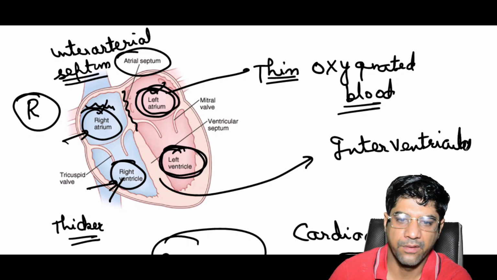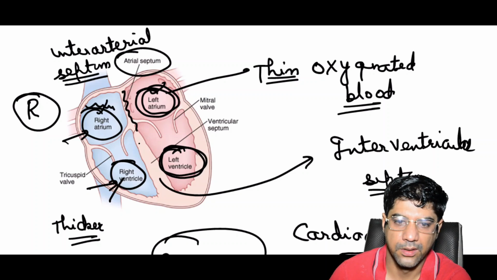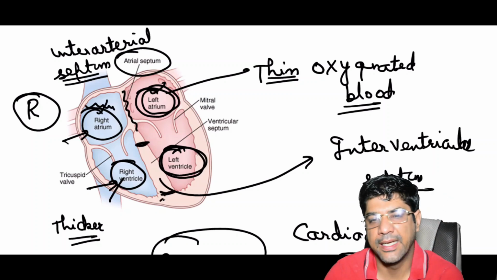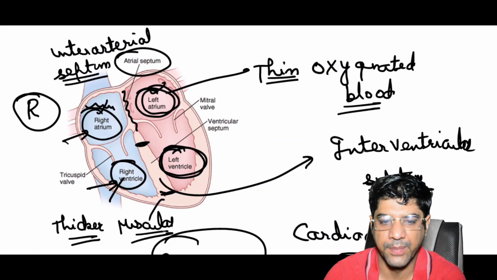Remember, the upper part of the interventricular septum is membranous, while the lower part is muscular. So what separates the right and left atria? Remember, they are separated by the interatrial septum.